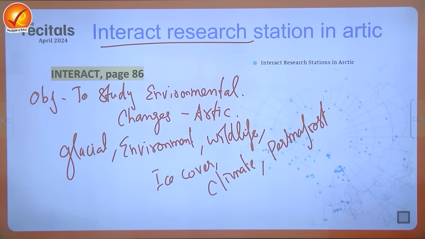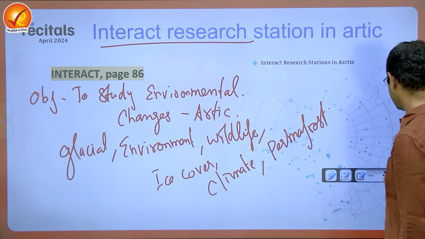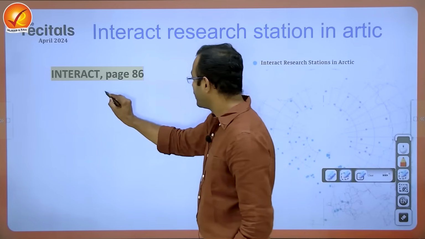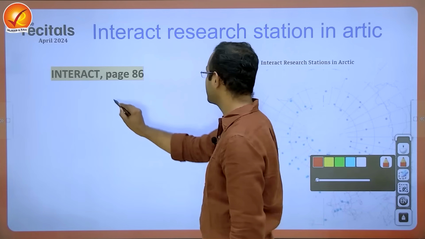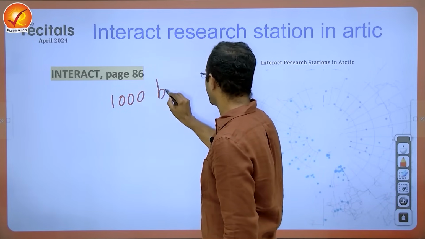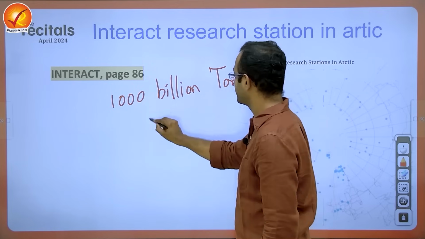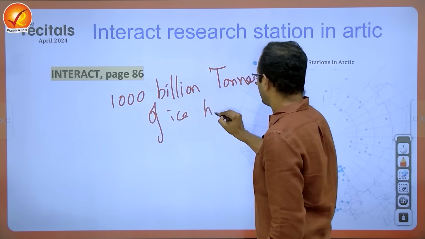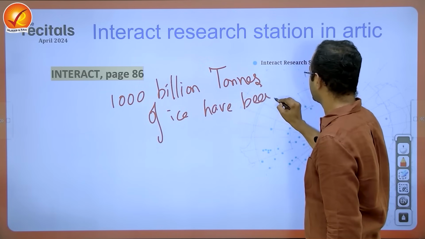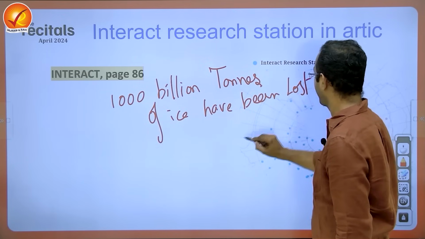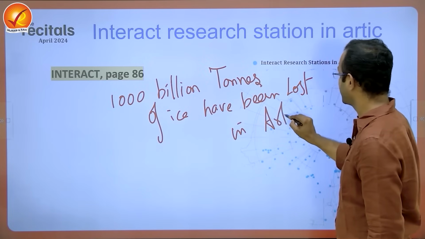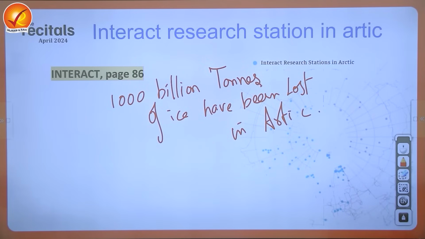Recently, they have also reported more than 1000 billion tons of ice been lost in Arctic over the last 4 decades.